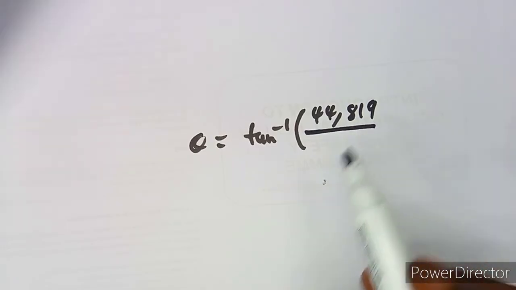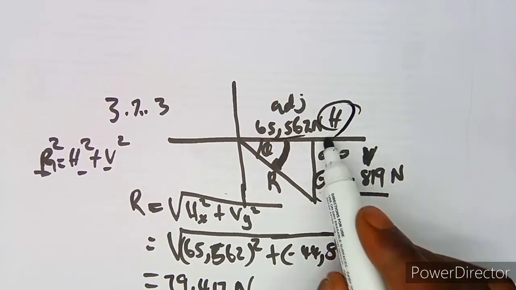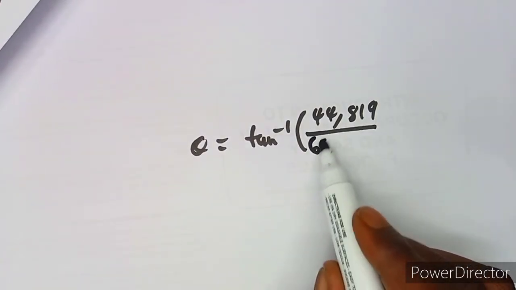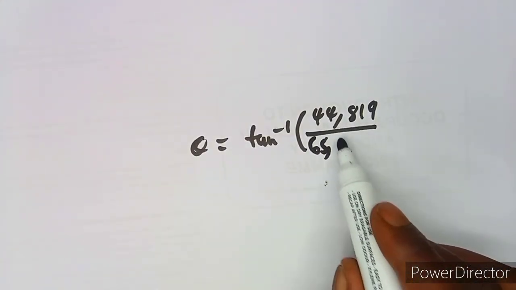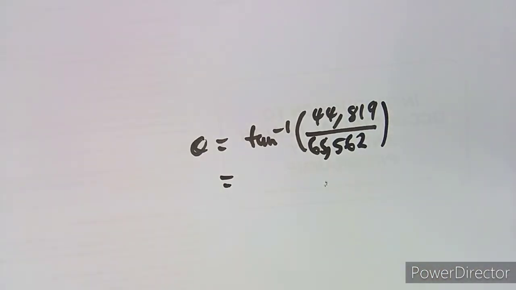44,819 over the adjacent. In this case, this is the adjacent, the horizontal component, which is 65,562. So what you are going to obtain is the angle that is in between them. Let's find the angle, because you're supposed to explain also about this angle.